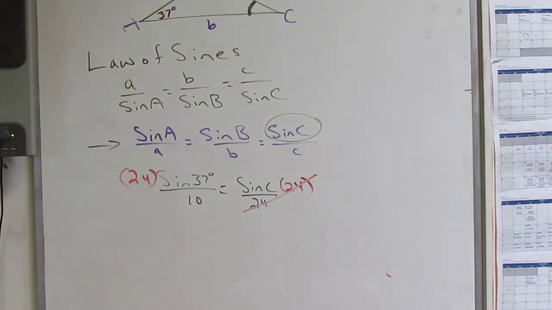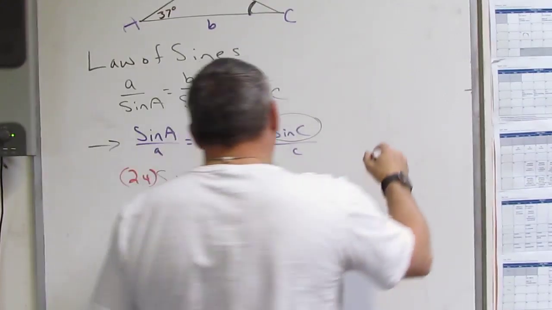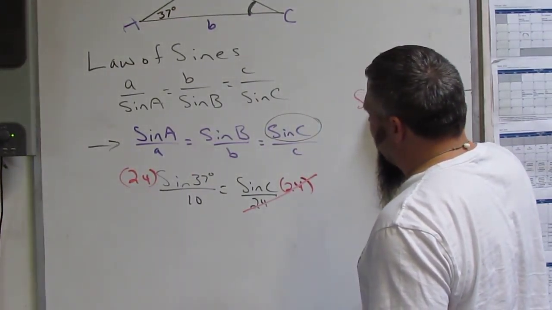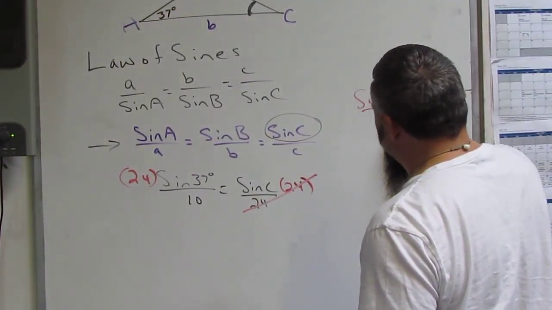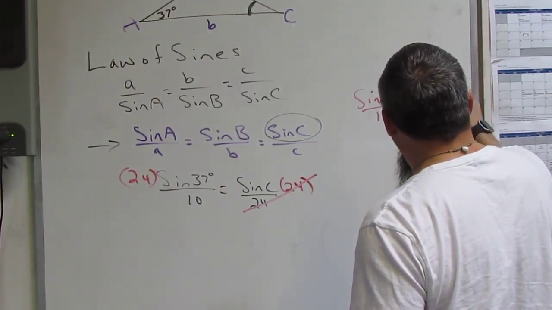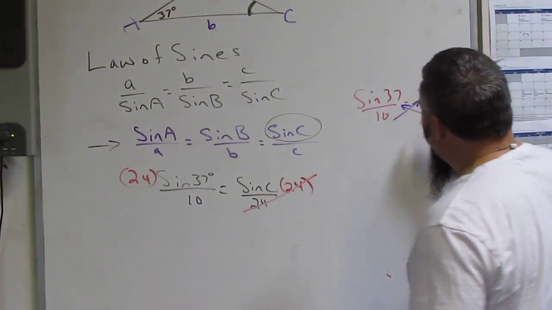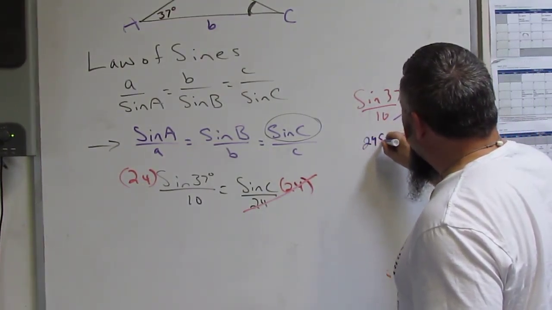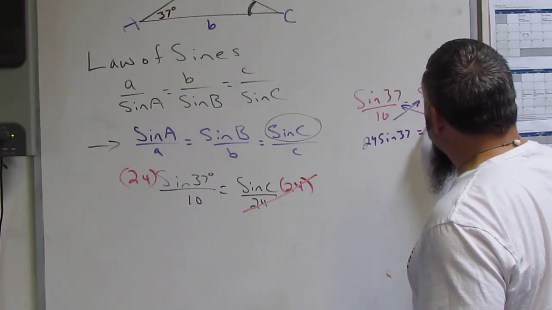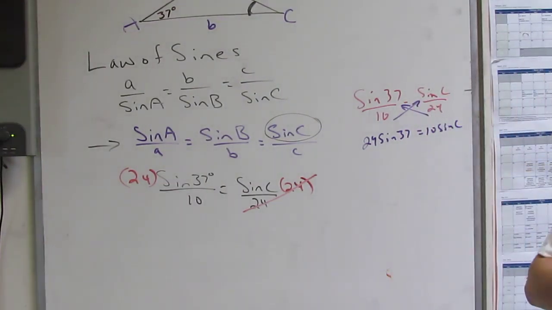But you are exactly right. If you cross multiply, right? If we decided to say sine 37 over 10 is equal to sine C over 24, then you cross multiply and you would get 24 sine 37 is equal to 10 sine C, and now you would divide by 10, right?